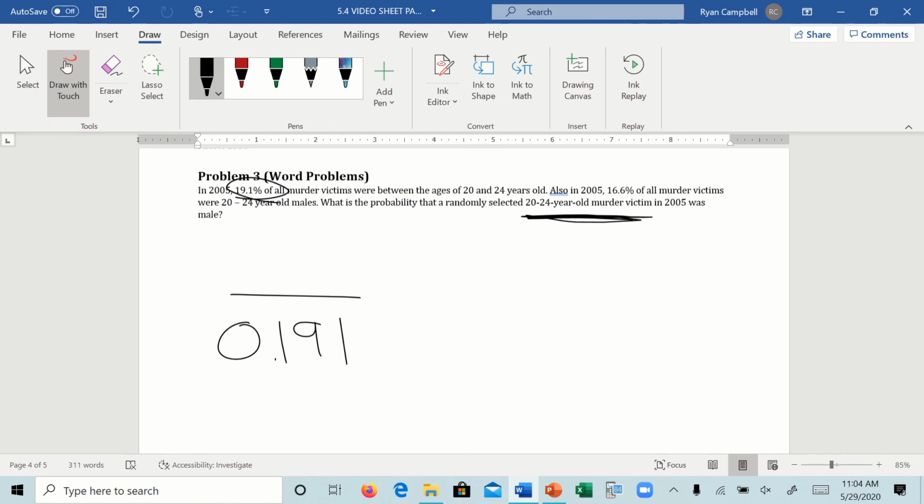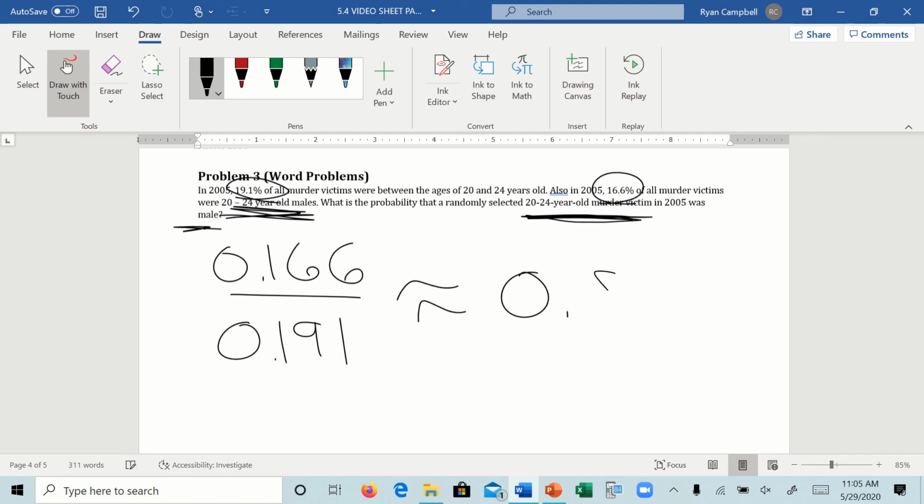Now, the probability that, of the 20 to 24-year-olds, they were male, right? The 20 to 24-year-old males was 16.6%. So that would be the top number. And when we divide that out, we get about 0.869.